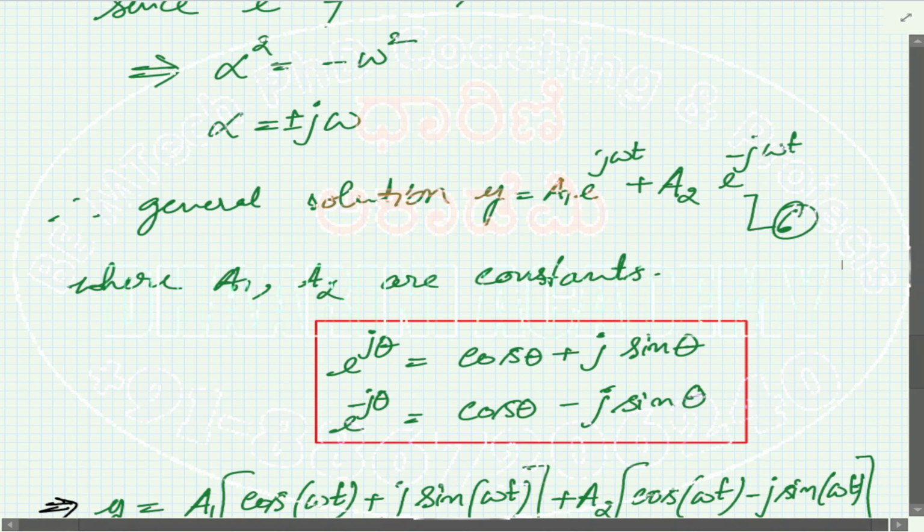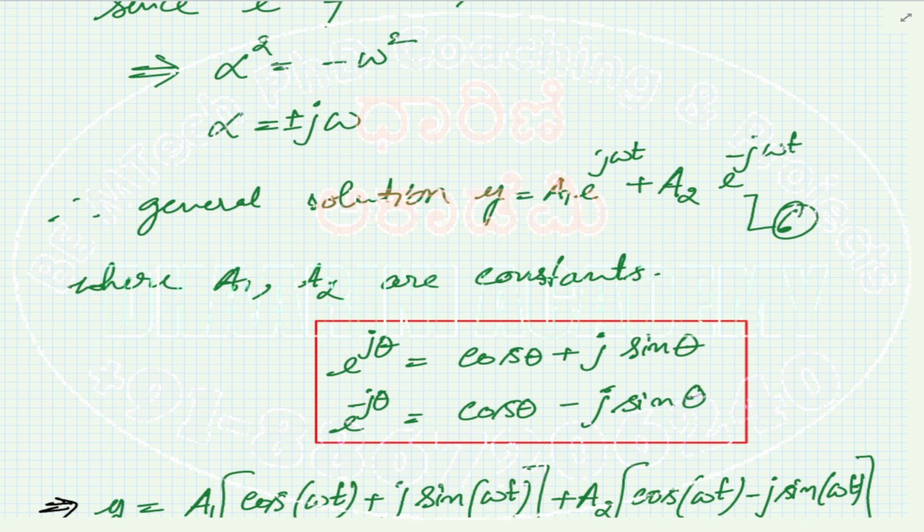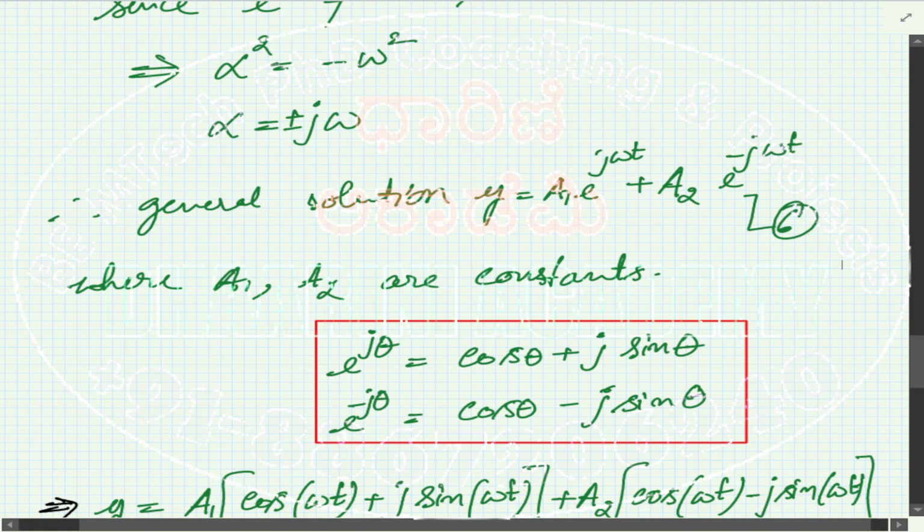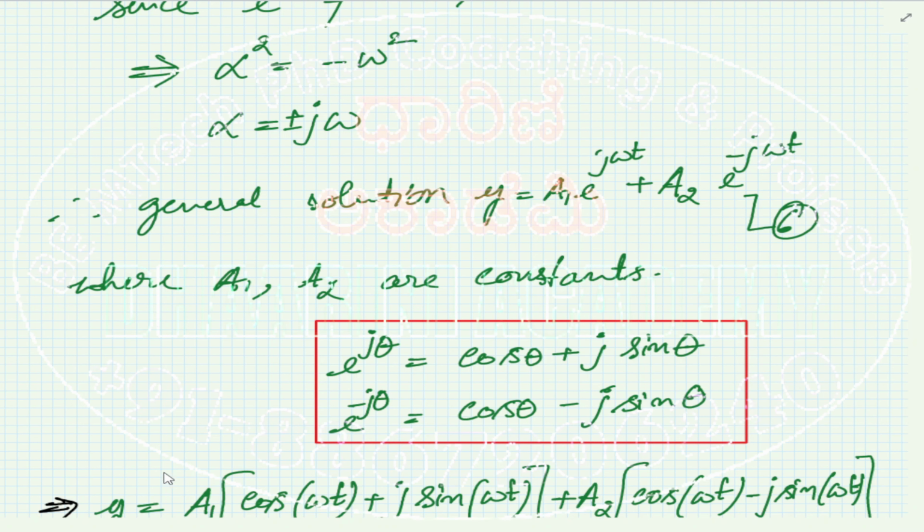So we were trying to find out the value of e to the j theta and e to the minus j theta. We will substitute it like this. We have e to the j theta, which is cos theta plus j sine theta, and we also have e to the minus j theta, which can be substituted as cos theta minus j sine theta.